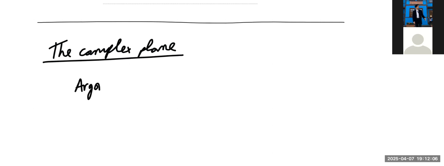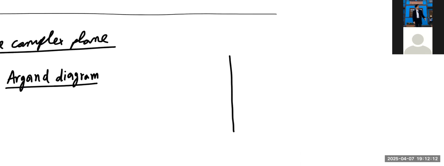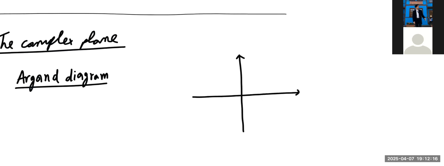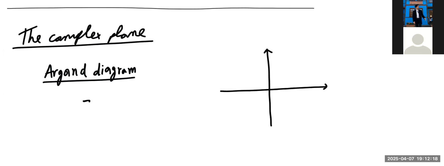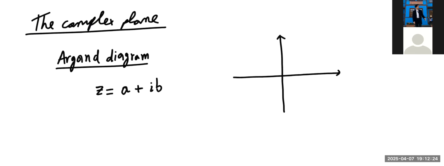The Argand diagram is basically very similar to the Cartesian coordinate system. It looks very similar too. The only difference is that any complex number z in general can be written down as the sum of a real part and an imaginary part, right? So we have a real part of z and then we have an imaginary part of z.